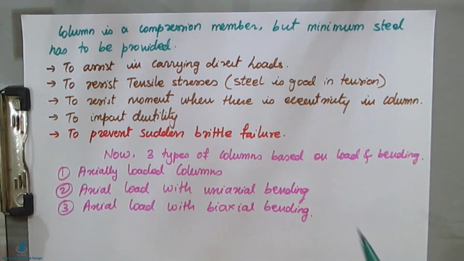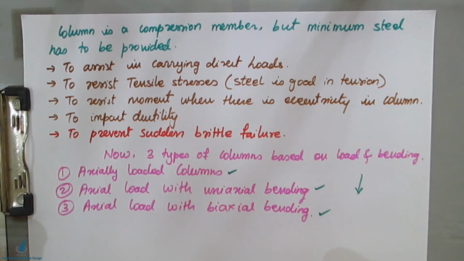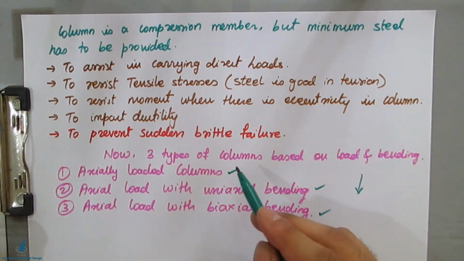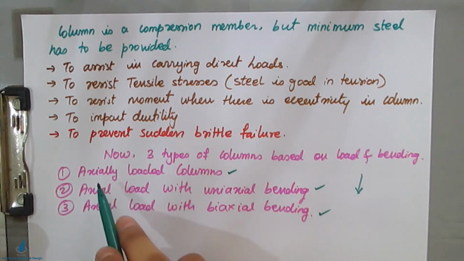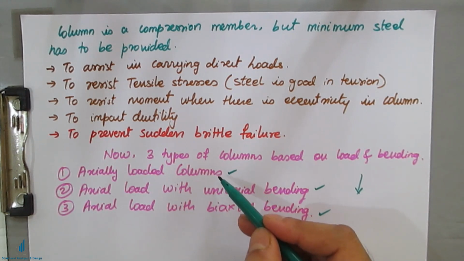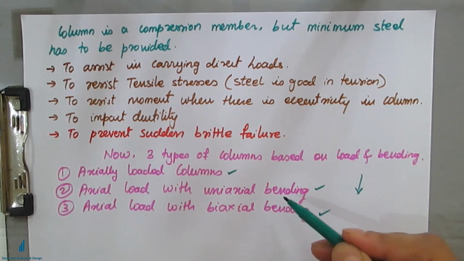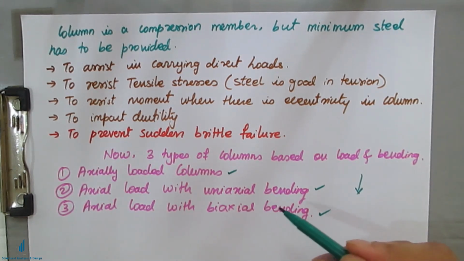If you see carefully here, all the 3 types have axial load. It means the load coming is the vertical load. But the difference is it may have uniaxial bending, or biaxial bending, or it may not have any bending at all, which is known as axially loaded columns. But practically this is very rare, or practically impossible to have axially loaded columns. So therefore we have the next 2 cases, that is with uniaxial bending or with biaxial bending.